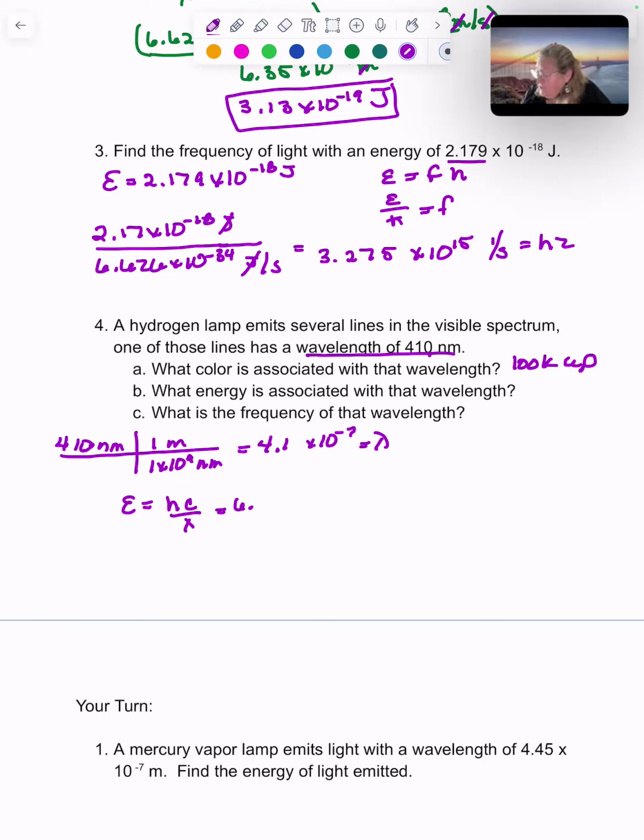We're going to have our 6.626 times 10 to the negative 34 joule seconds times 3.00 times 10 to the 8th meters per second. We're dividing that by our wavelength, 4.1. Oop, don't put that 0 in. I almost did.